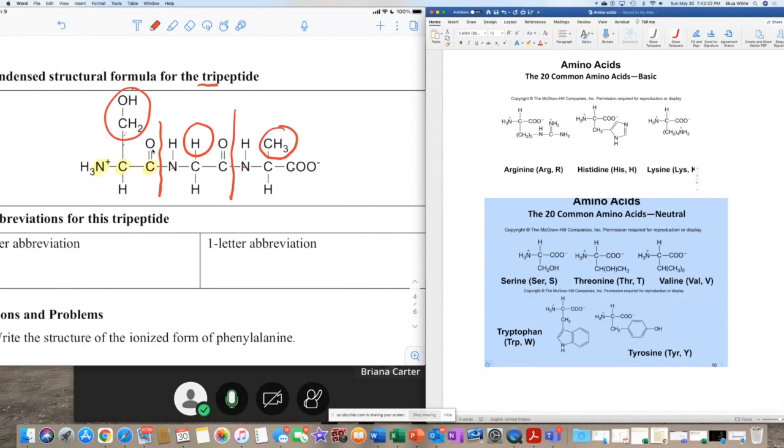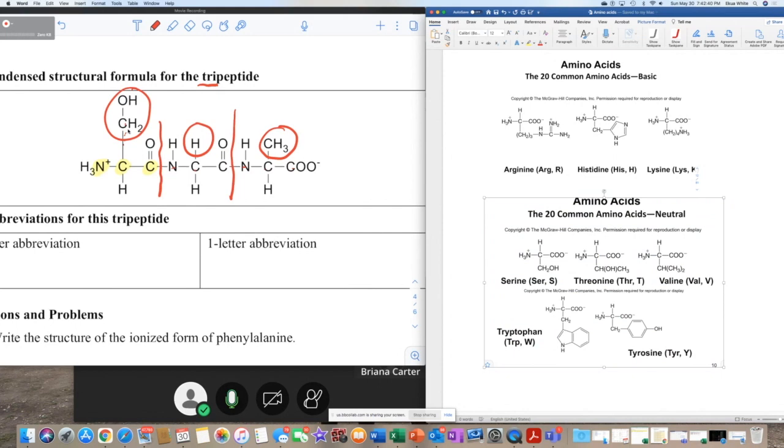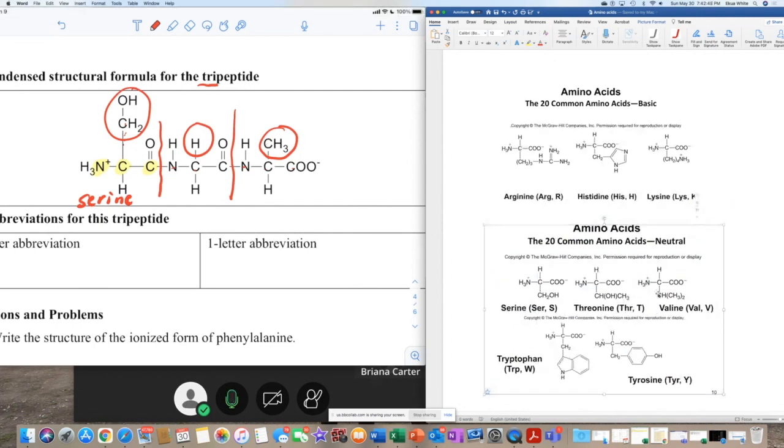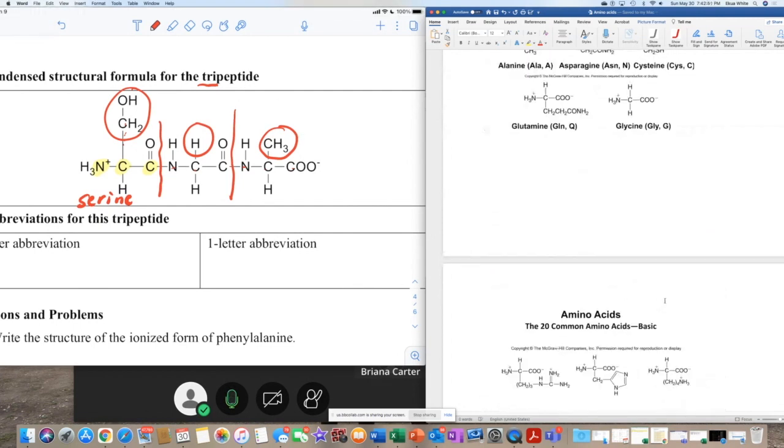So let me find the first side group that has an OH in it. Okay, the ones that have OH, oh, right here, serine, right? CH2OH, but CH2OH. So that one's going to be serine. Second one is just regular H. That should be glycine, right?